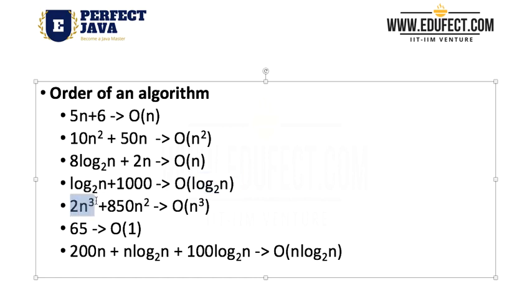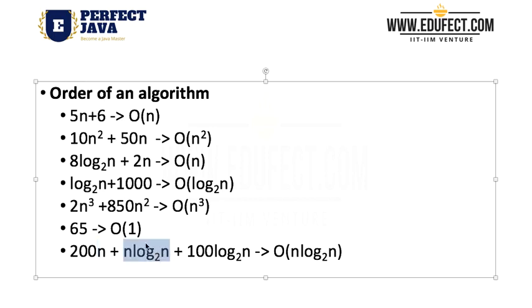And 2n cube plus 850n square. So how will we find it out? Obviously this term is much larger than this term when n is very large, so it becomes order n cube. 65 is a constant, it does not vary depending upon whatever is the value of n, so we call it order 1. So whenever it's a constant, that is referred to as order 1. And if you look at this term, we have n log n, and we have log n.